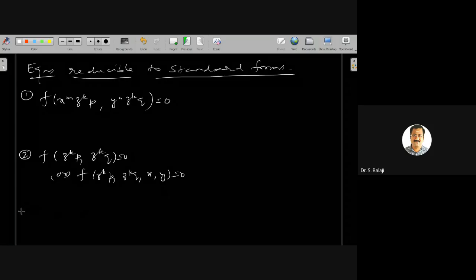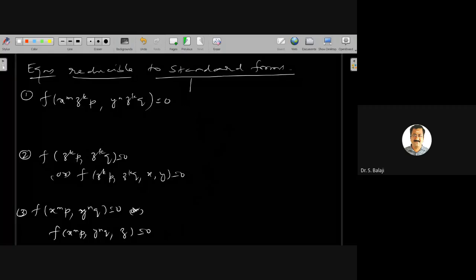And the third one is only x with the product, x power m p, y power n q equal to 0, or z is a separate one. F of x power m p, y power n q, comma z equal to 0.